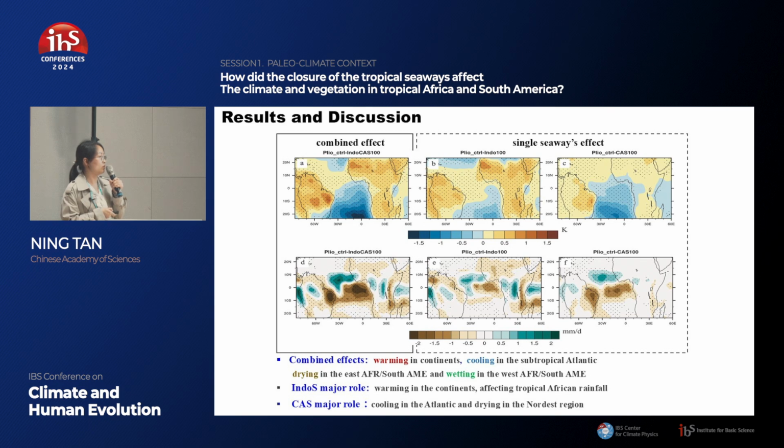For the individual seaways, the narrowing of the Indonesian seaway mainly contributes to the warming in the continents and wetting in Africa and South America. And the Caribbean seaway's major roles are in controlling the temperature in the Atlantic and the drying in northeastern South America, also named the Nordeste region.